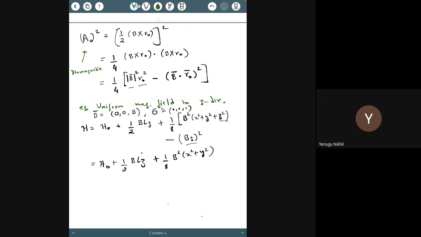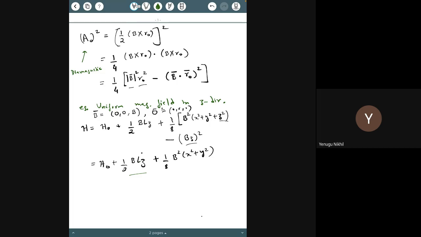This is a field in the z direction. It interacts with the angular momentum in the z direction. So orbital by orbital, we know what this value is. And then when you take a sum over all the electrons in all the orbitals, you will get a net result.